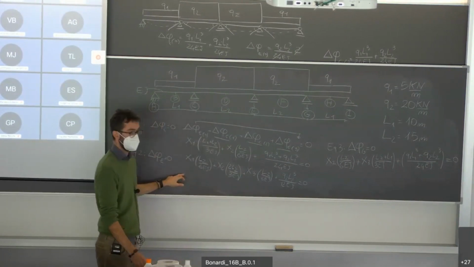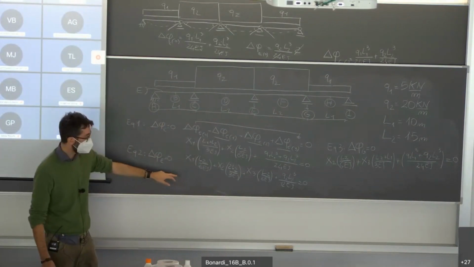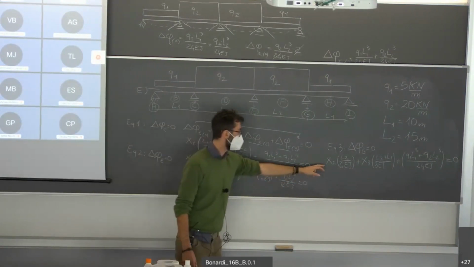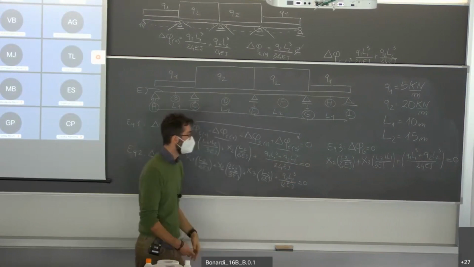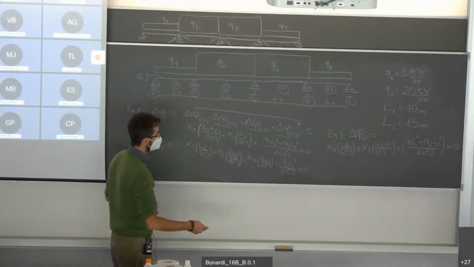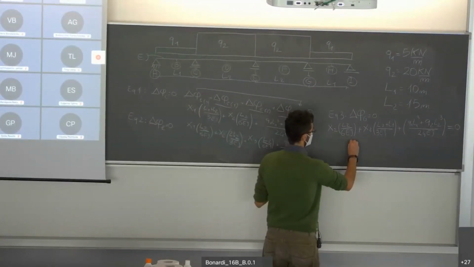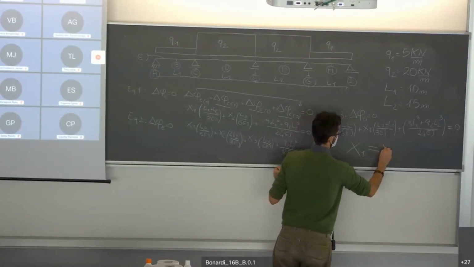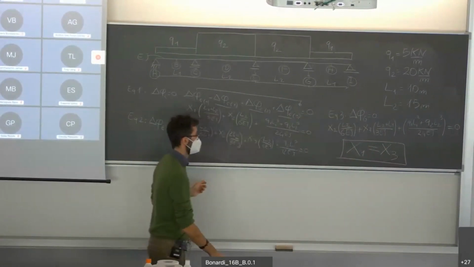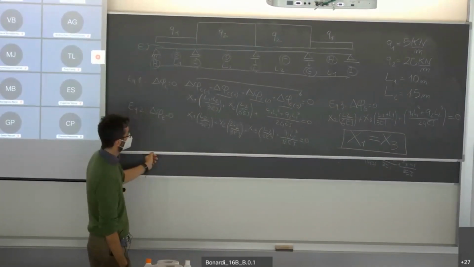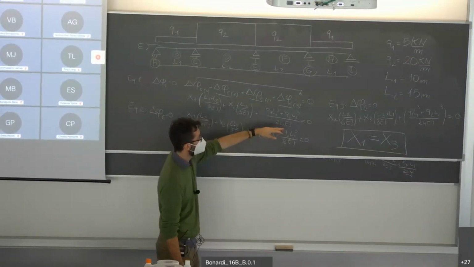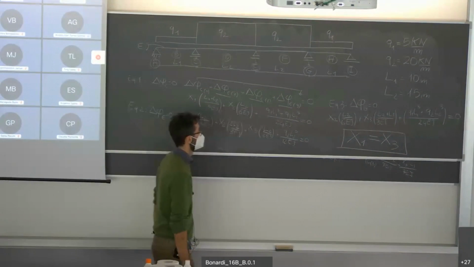So I have one equation in one unknown, I find x2, and then I substitute here, I find x1, I substitute x2 here, and I find x3. So that's a lot of passages. But if we exploit the symmetry, that's easier. Because we can just get rid of one equation. We have 3 equations with 2 unknowns.